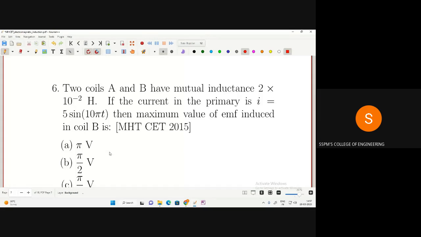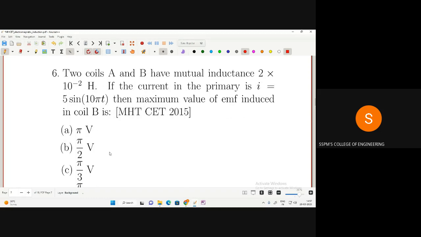In this example, the two coils A and B are given, and the mutual inductance between the two coils is 2 into 10 to the power minus 2. If the current in the primary is 5 sin 10 pi t, then the maximum value of the EMF induced in the coil B you have to find. The example was asked in MHT CET 2015.